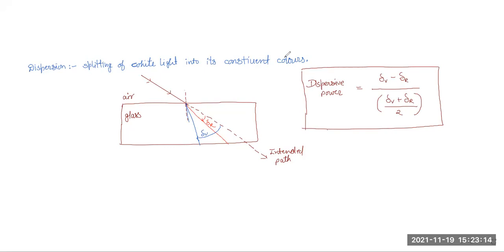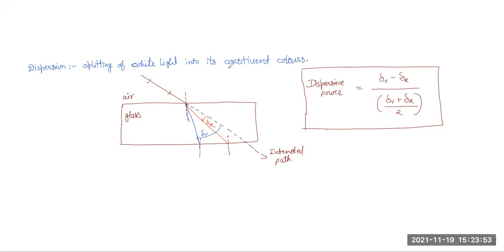Then we extend it to the next level. Now these separated rays are moving at different angles, and they come to this border where they are again experiencing a change of medium from glass to air. The point where light experiences a change in medium, we will always take a reference of the normal.